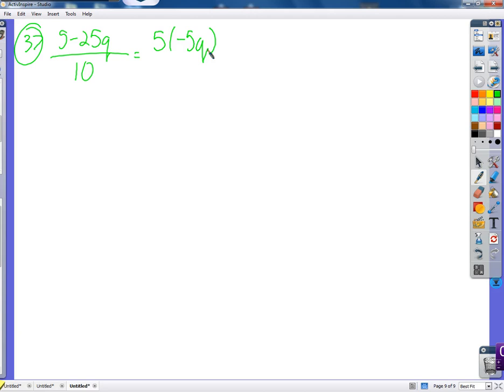Negative 25 cubed, but we need 5 minus 25 cubed. So we've got part of it, we just need a little more. Nathan? 1 minus 5q. 1 minus 5q, let's check that out. 5 times 1 is 5. 5 times negative 5q is negative 25q. All over 10. Okay, now, have we identified 5 as a factor of the numerator?